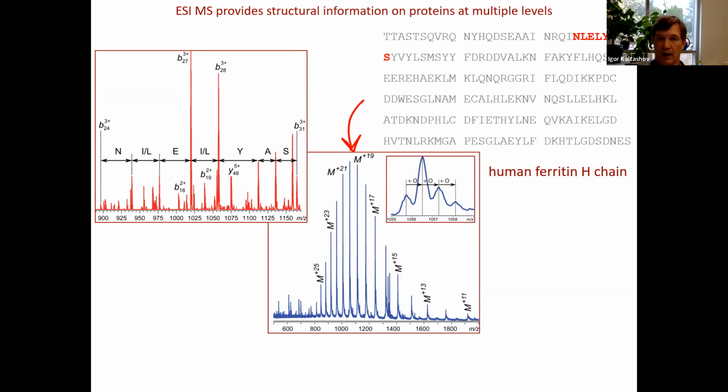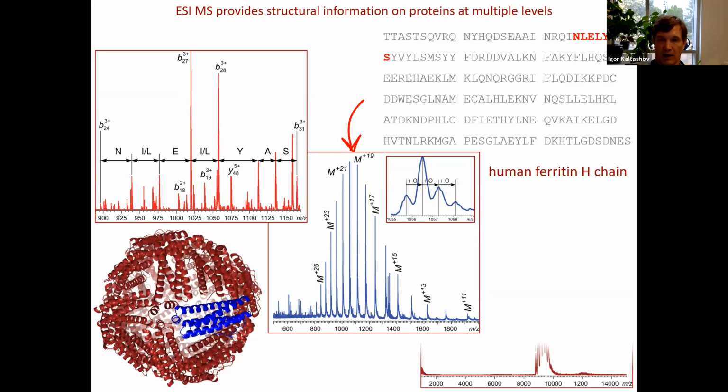And if we do that, the mass spectrum that we would acquire would look very different. If you were to deconvolute this mass spectrum, you would suddenly recognize that the mass that you're measuring is 24 times higher than what you measured before.